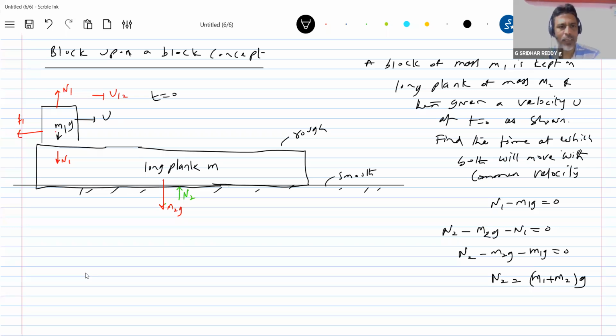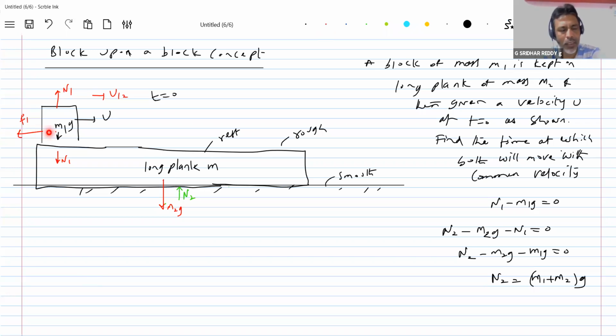Now let's come to the direction of friction. What is the velocity of the block at t equals 0? What is the state of the block? The plank was at rest, and only the block is given velocity. So u12 should be towards the right. The friction by the plank on the block will be in this direction.